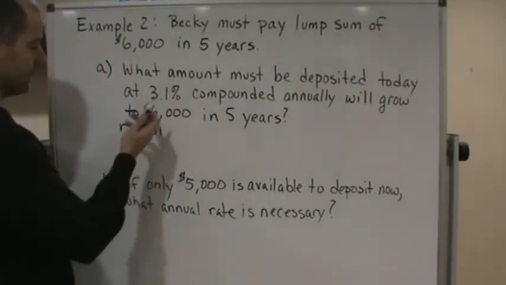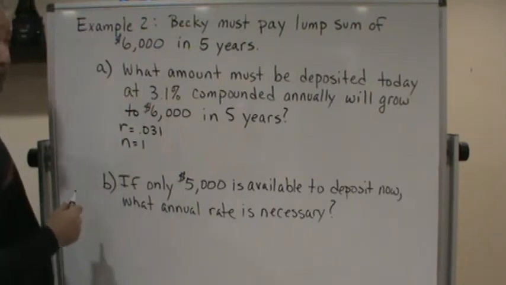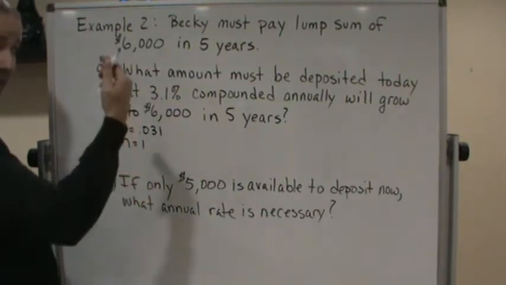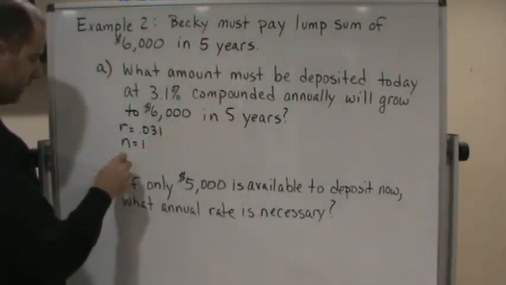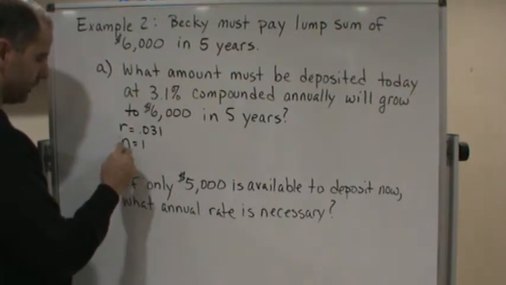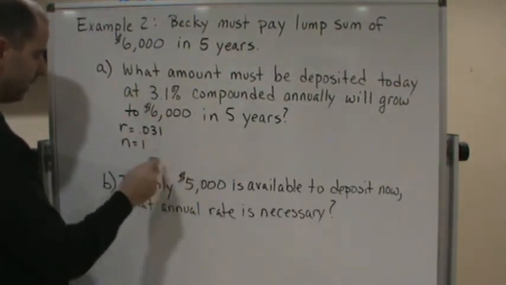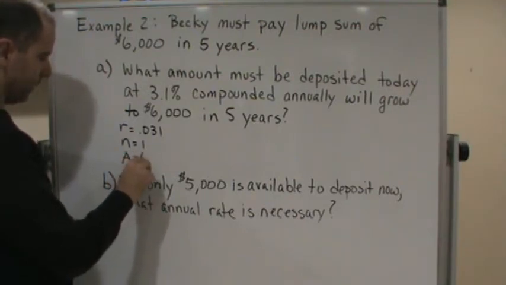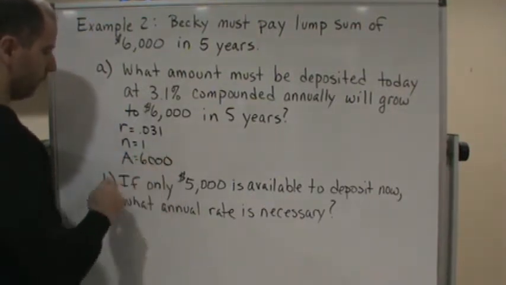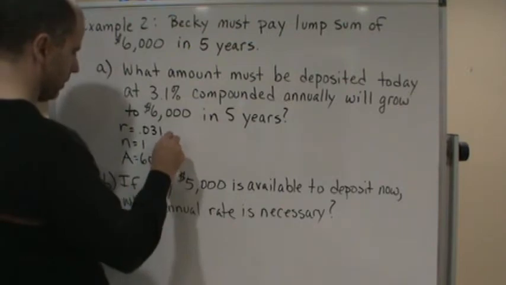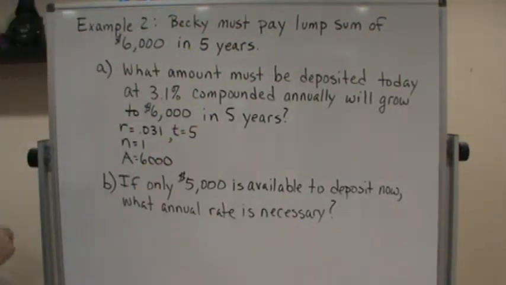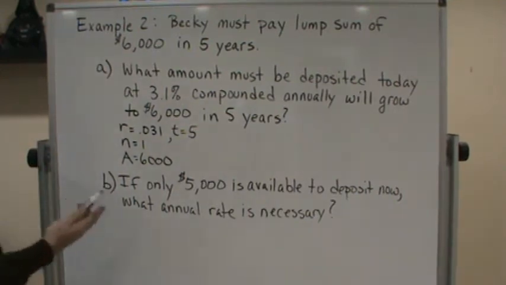And $6,000, that's the amount she borrowed, so she needs to have that amount of money in the future. That means future value, or the accumulated amount, needs to be 6,000. So A is 6,000. And T, of course, is 5 years.